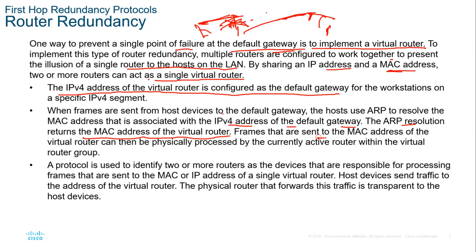Frames that are sent to the MAC address of the virtual router can then be physically processed by the current active router. The protocol is used to identify two or more routers as the devices that are responsible for processing frames sent to the MAC address or IP address of a single virtual router.